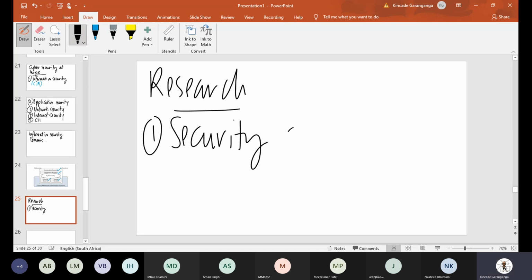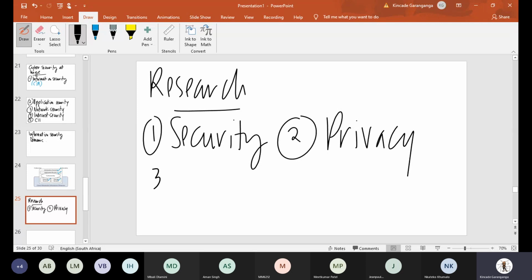So basic definitions that you've got incorporated there: privacy. How are these interrelated? You can also discuss trust. That's supposed to be 4.